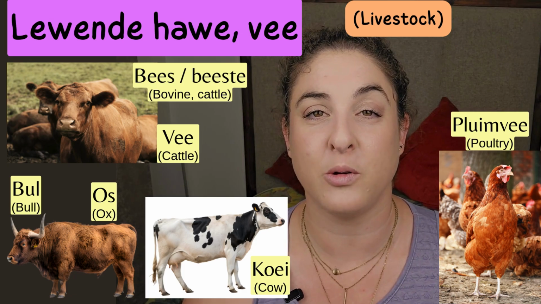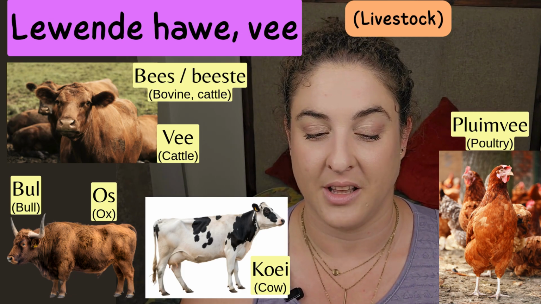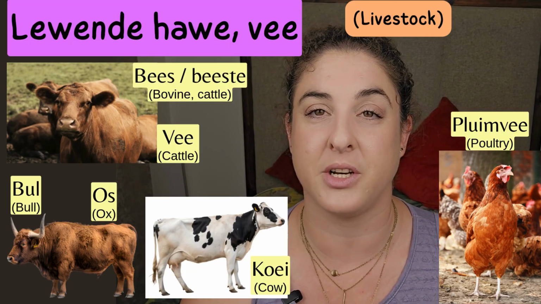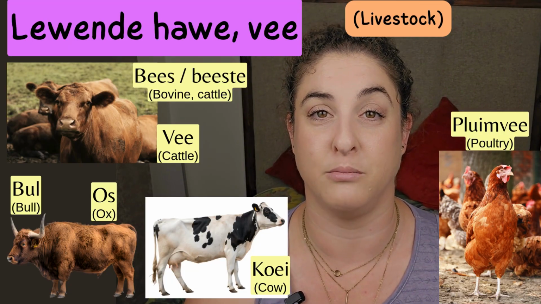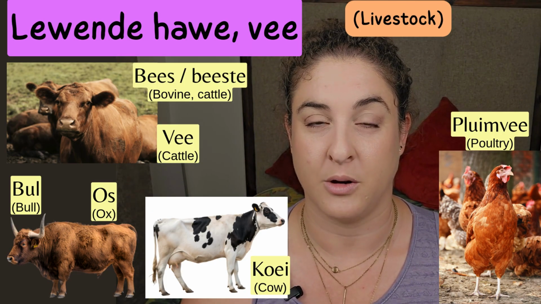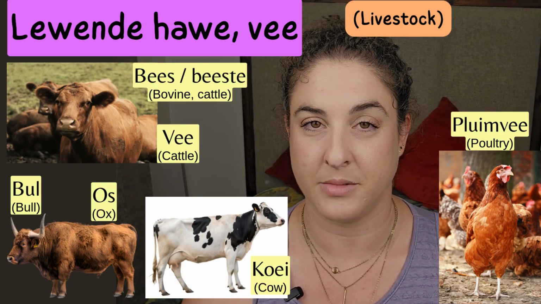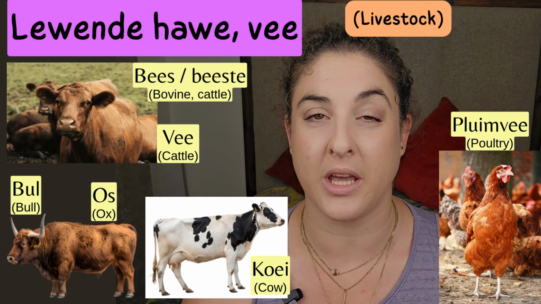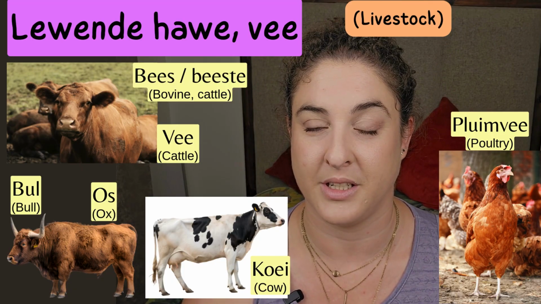But they can also just be called veer, which is cattle. Down there at the bottom, we have two pictures. We have a picture of a male bovine. This one is a bull, or when neutered, it is an ox. And then we also have koei, which is a cow.